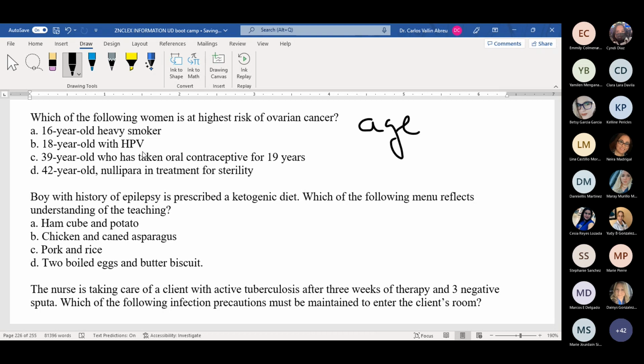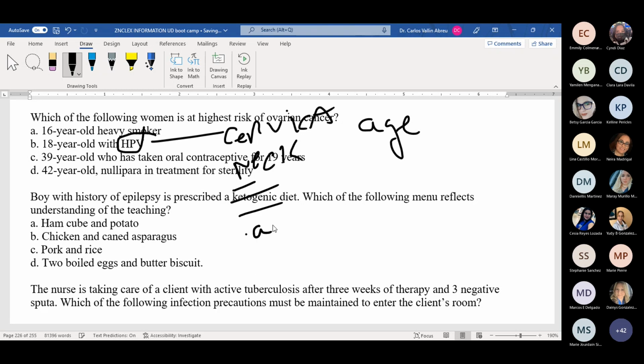But definitively the human papillomavirus is not a risk factor for ovarian cancer. It's only for cervical cancer and for head and neck cancer: mouth cancer, tongue cancer, throat cancer. Also anal cancer and penis cancer.